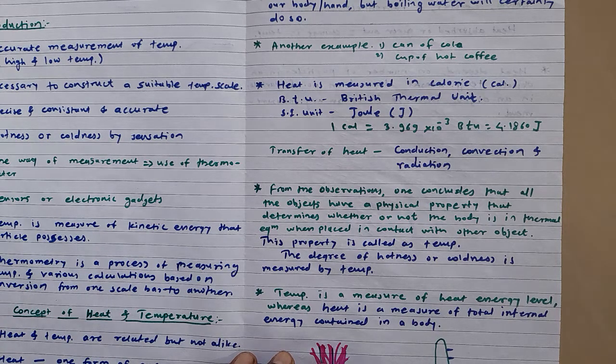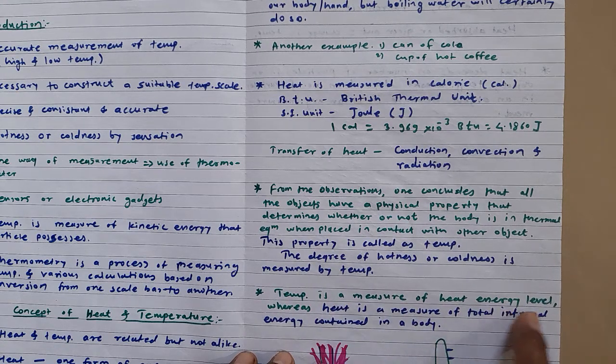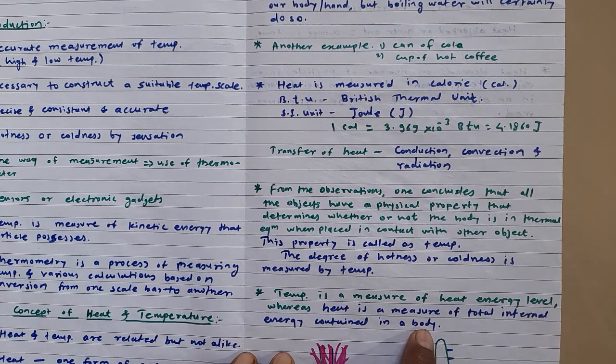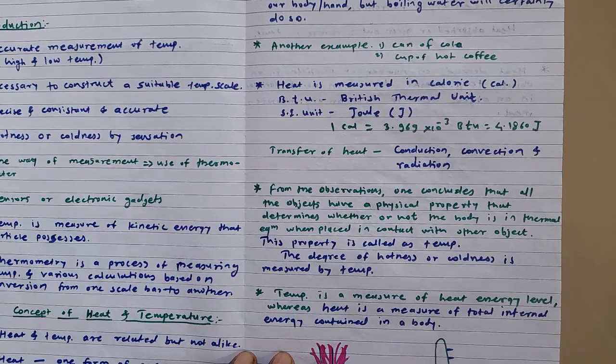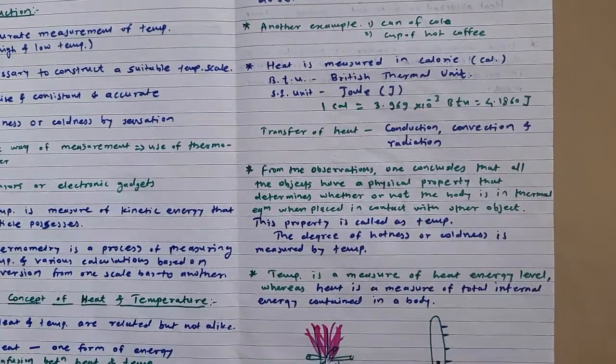Now, temperature is a measure of the heat energy level. Do remember it: temperature is a measure of the heat energy level, whereas heat is a measure of the total internal energy contained in the body.